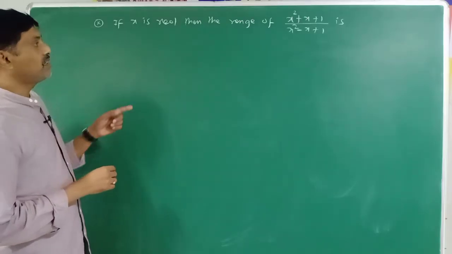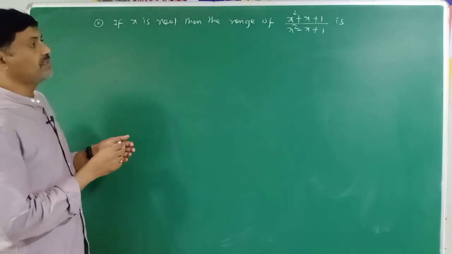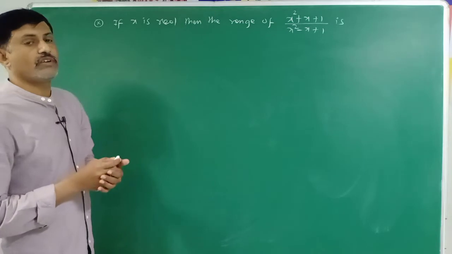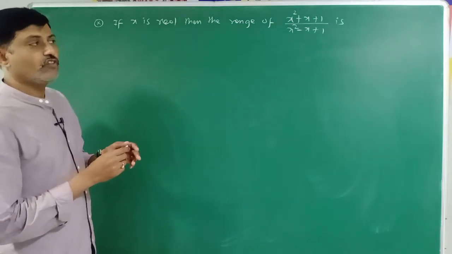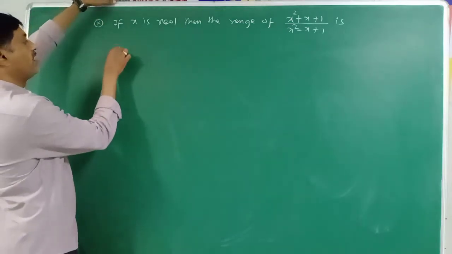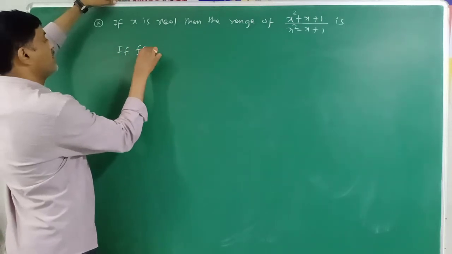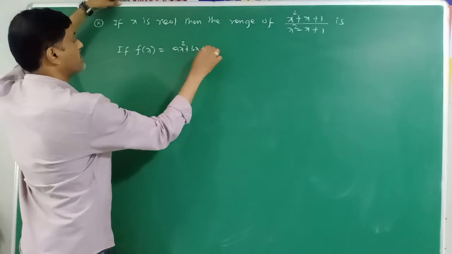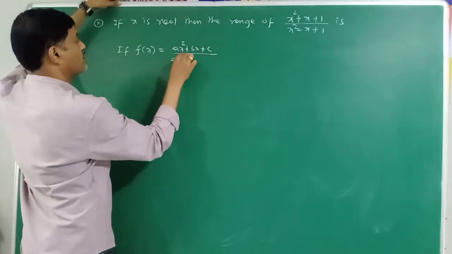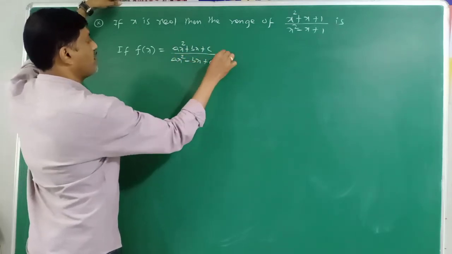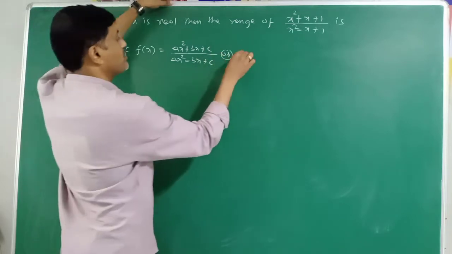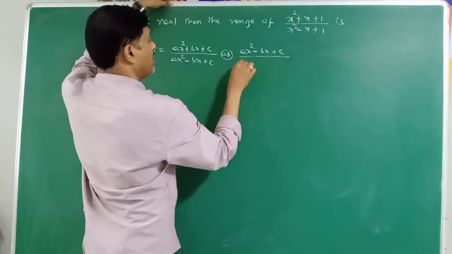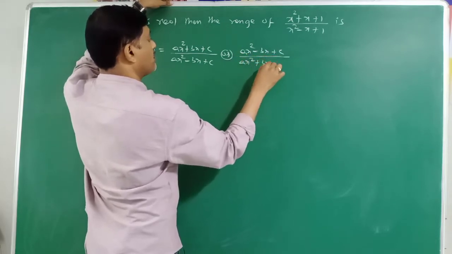Okay students, this problem we can do in a simple method also. If x is real, then the range of x square plus x plus 1 by x square minus x plus 1. If f of x is equal to ax square plus bx plus c by ax square minus bx plus c, or ax square minus bx plus c by ax square plus bx plus c.